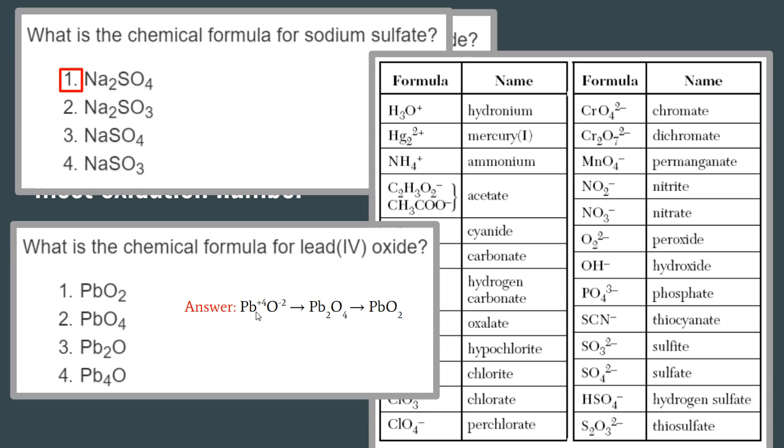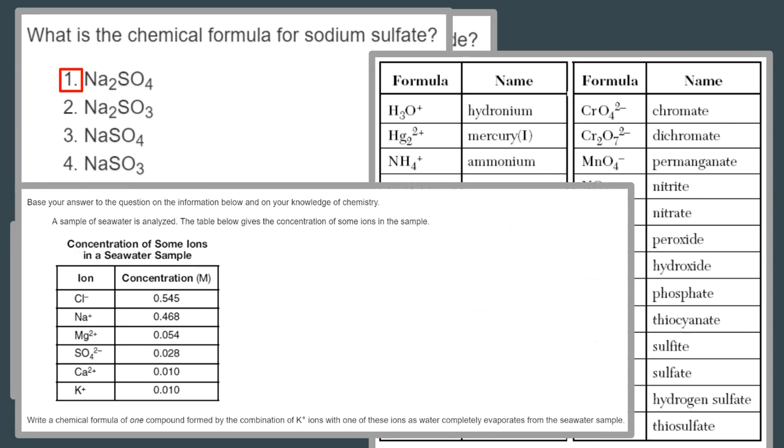Here we have Pb +4 because of the Roman numeral 4, and oxygen has a -2. So crisscross these values, we get Pb2O4. Then we have to simplify this ratio by taking the greatest common factor between these two. So the simplest way we can write this is PbO2. So answer choice 1 is correct.